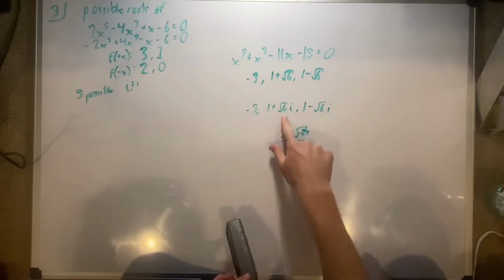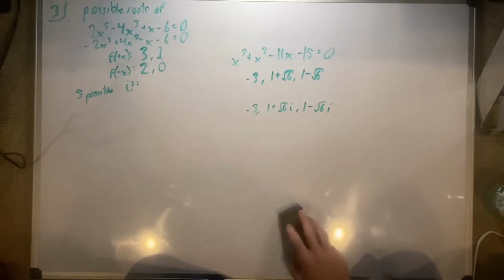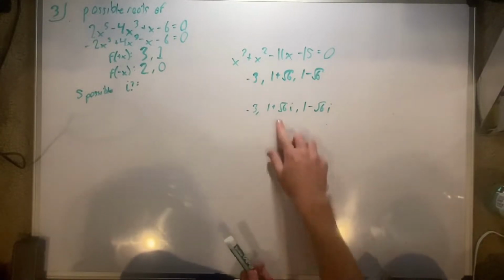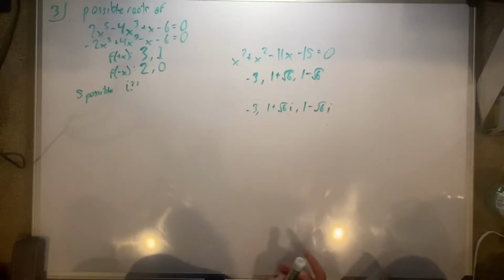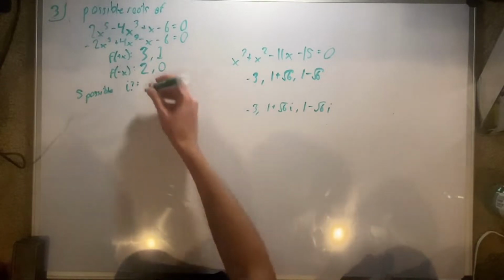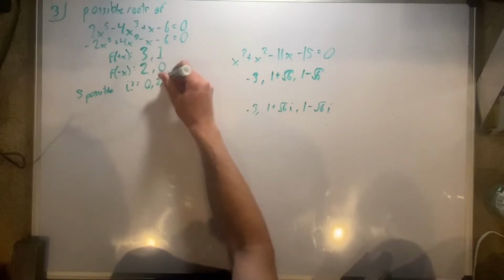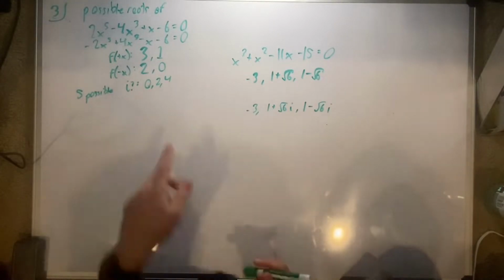This would give us the exact same thing as with these i's here. So all the complex roots also come in conjugate pairs, and that's what they're called when they come in pairs like that. So that means we can have either 0, 2, or 4, because there's a possible total of 5.